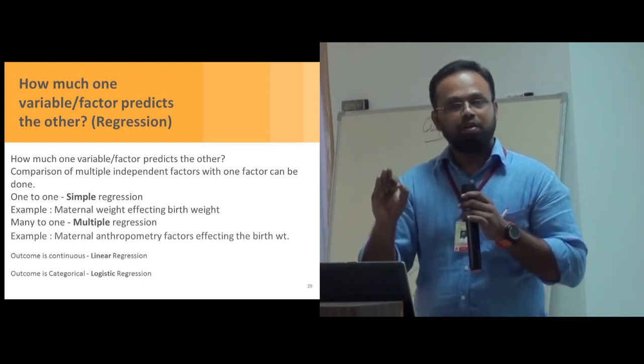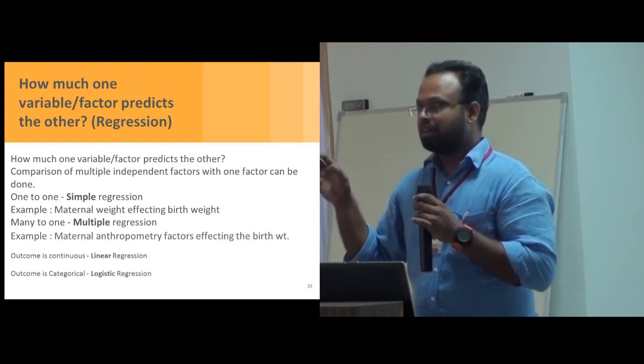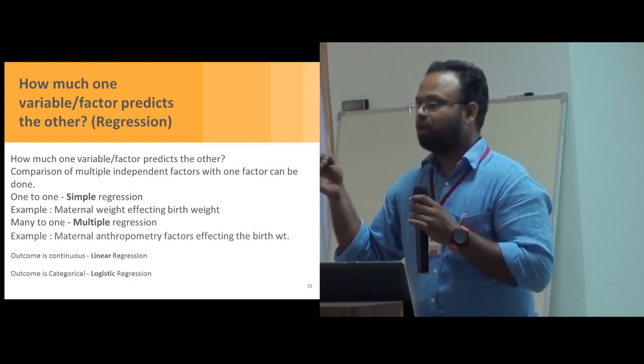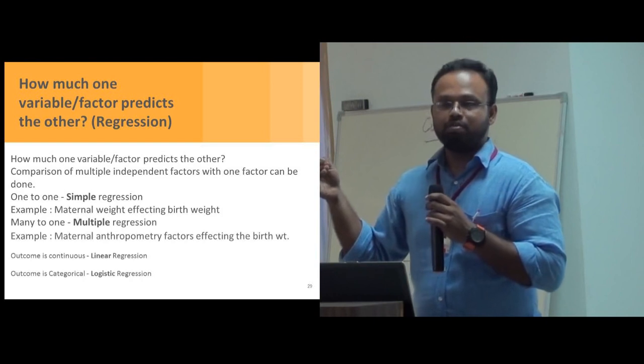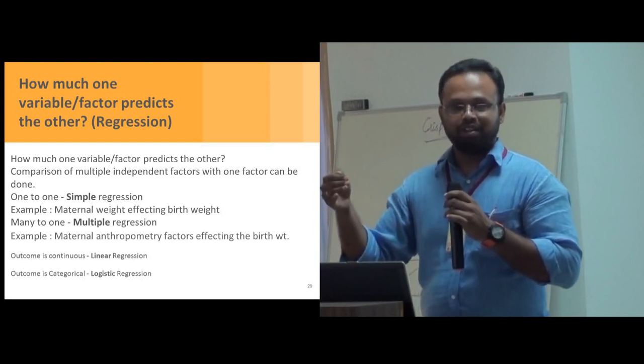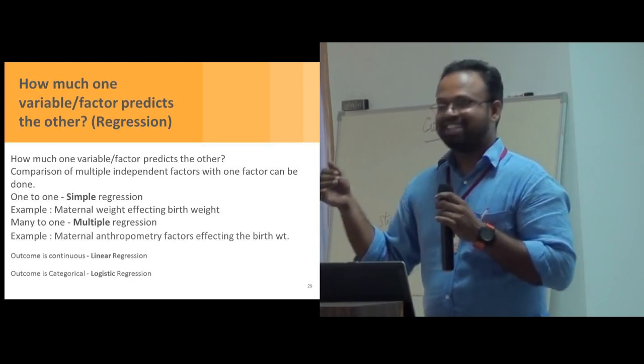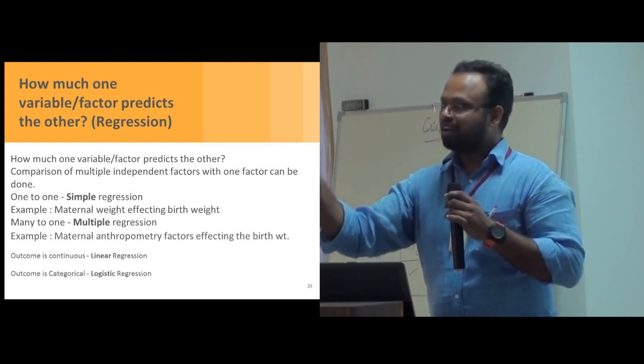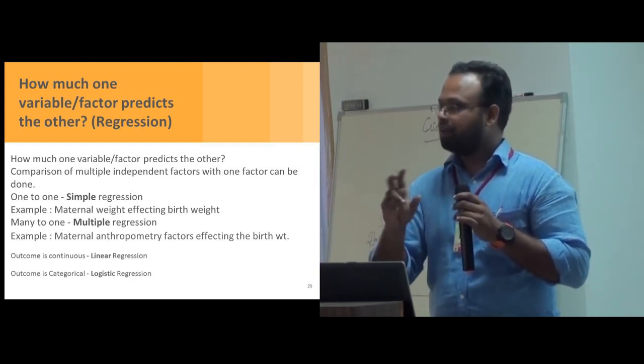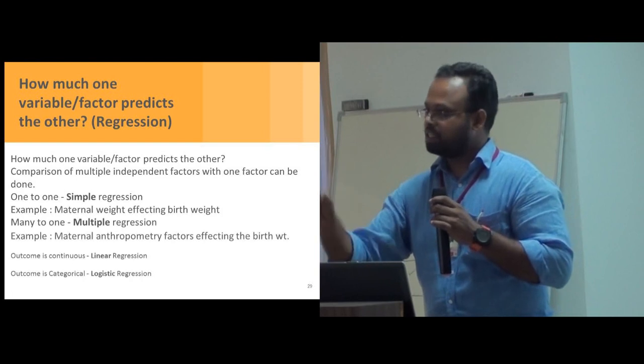CMC conducts a workshop of about 15 days on regression alone. I think Google has adapted that. So we cannot have it in one slide. I will tell you the basics behind it.